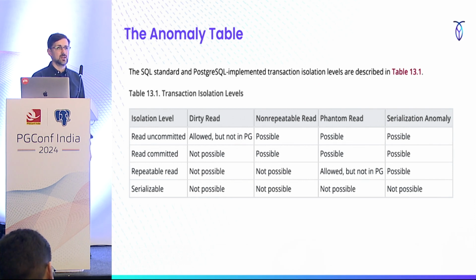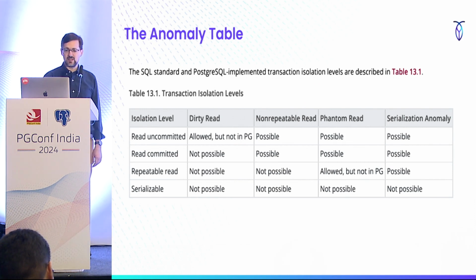This comes from the documentation for Postgres 16, but most databases have a very similar table like this, where they define data anomalies: dirty read, non-repeatable read, phantom read, and serialization anomaly. And then you define the differences between the isolation levels based on which of these anomalies are possible.